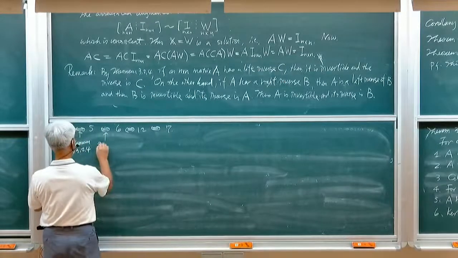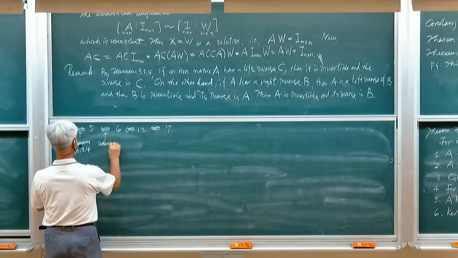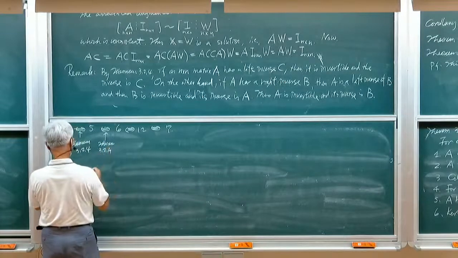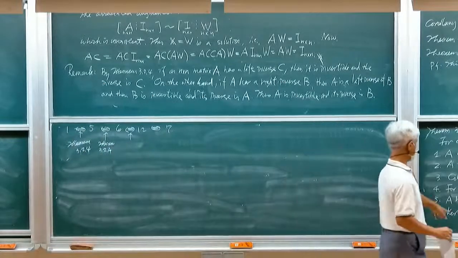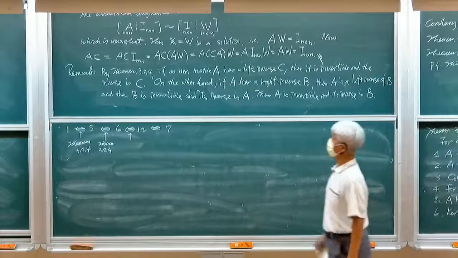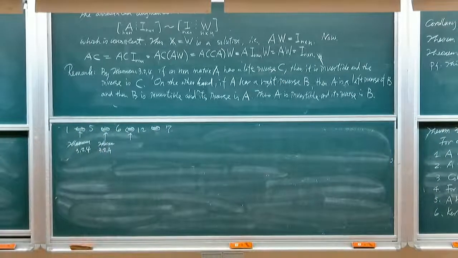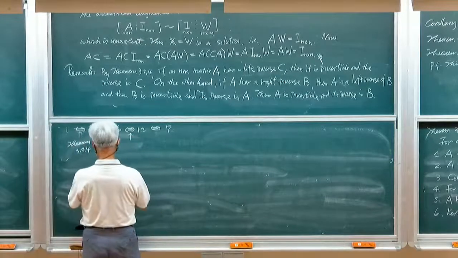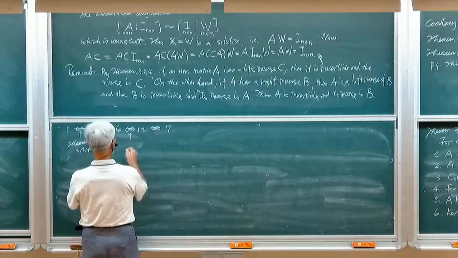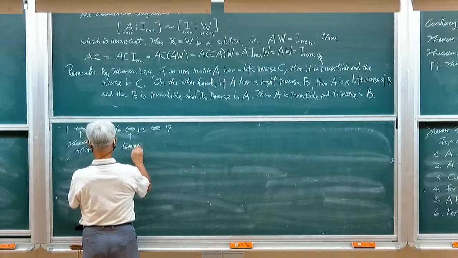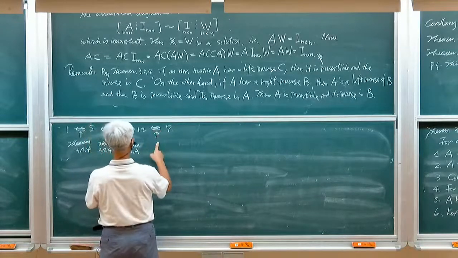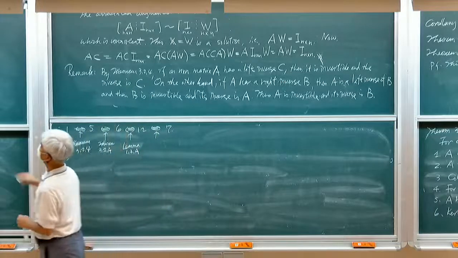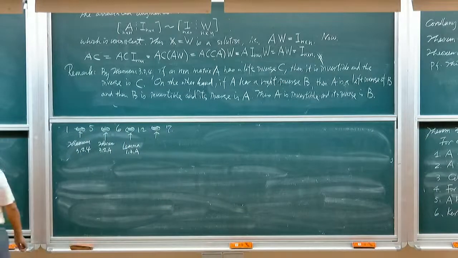This is from theorem 3.2.8. And 6 is equivalent to 12. 6 says that the kernel of A is trivial, and 12 says that the set of columns of A is linearly independent. So this is from lemma 1.3.8 in chapter 1.